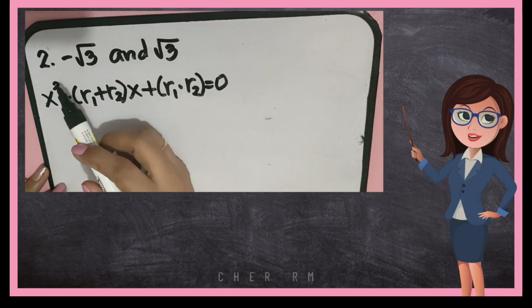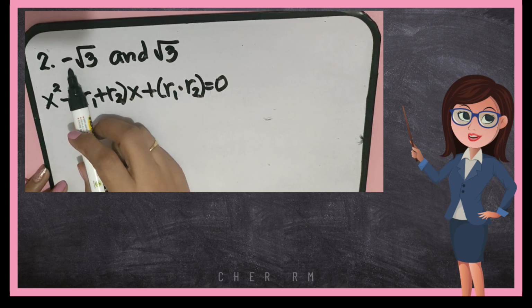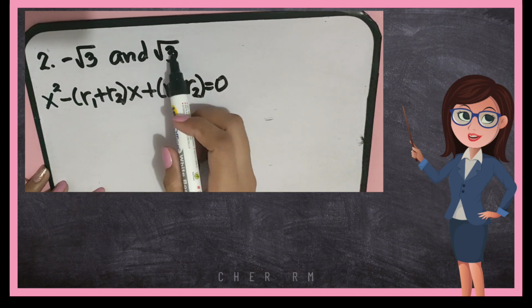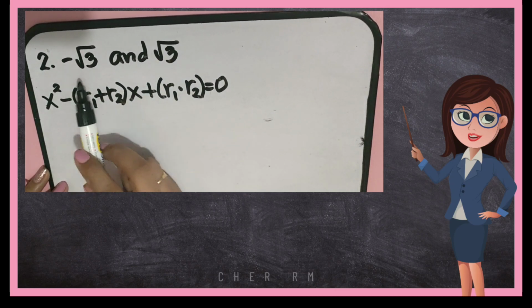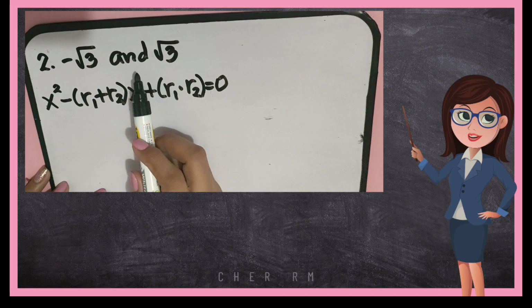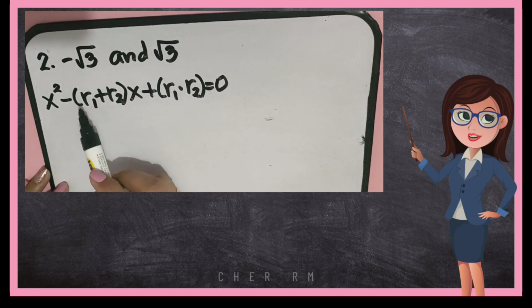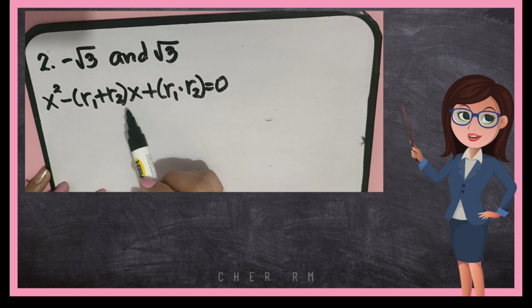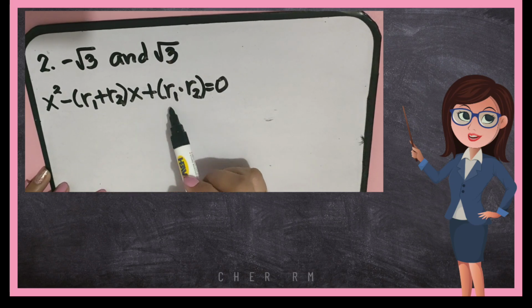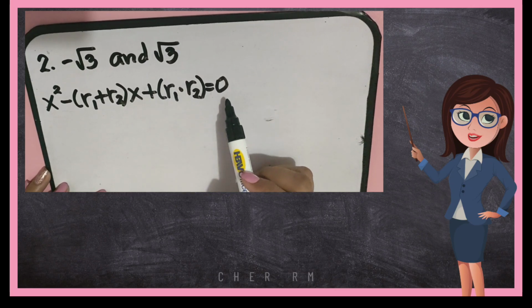Okay, let us have example number 2. Number 2 is negative square root of 3 and square root of 3. So these are the roots. Then let us write these roots into standard form of quadratic equation using x squared minus parenthesis r sub 1 plus r sub 2 x plus parenthesis r sub 1 times r sub 2 is equal to 0.